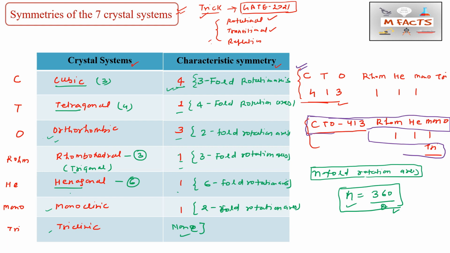The way of reading this: CTO 413, रोम में है, मोनो 111, ट्राई. Cubic means 3, tetra means 4, rhombo is also known as trigonal, so tri means 3, hexagonal means 6. This is the way of writing.